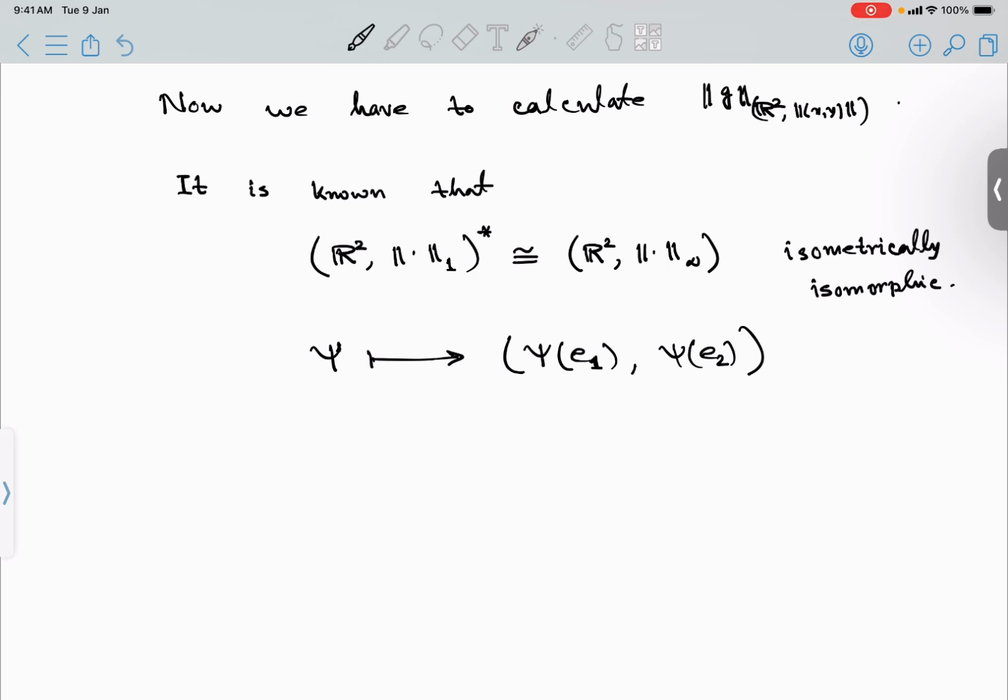So using this one we can compute the norm of G. Here it is saying that psi, in the dual norm, is the same as the maximum of psi e1, comma psi e2.